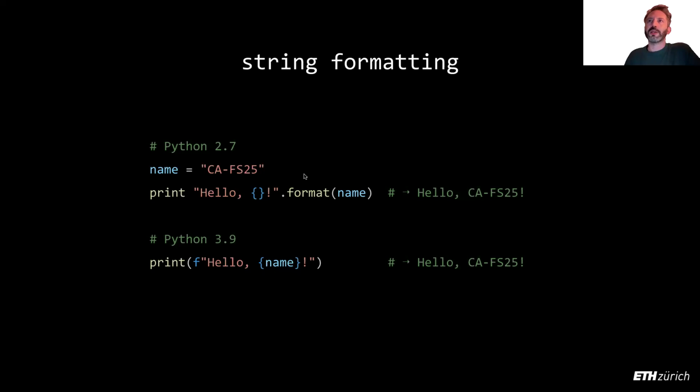And this would be in positional order, right? So if we had 3 of these sets of opening and closing curly brackets, there would be 3 variables here, and they would be positionally injected.